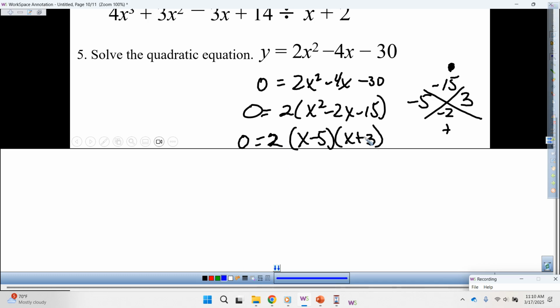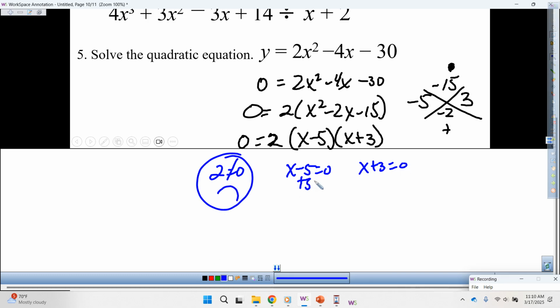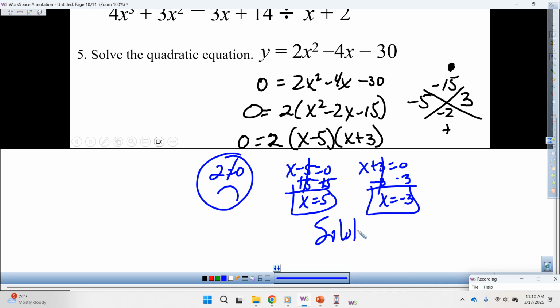From there, now that we have 3 factors, we set each one equal to 0, 2 equal to 0, x minus 5 equal to 0, x plus 3 equal to 0, and then we solve. This is not true, so it cancels. Plus 5, x equals 5, minus 3, x equals -3. These are my solutions.